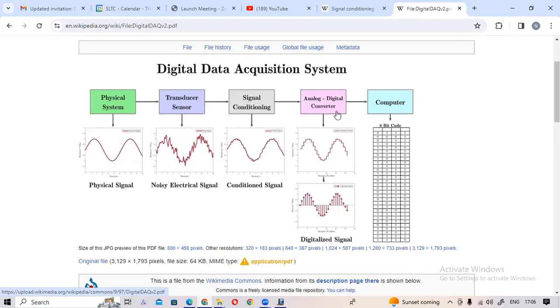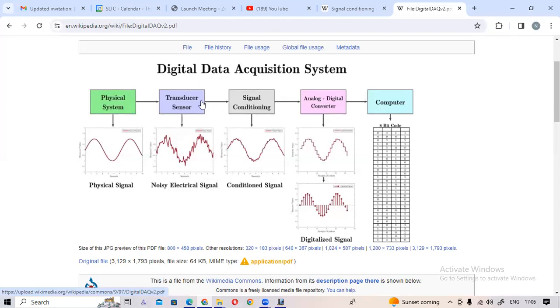Here also we are doing some signal conditioning, because signal conditioning means signal processing actually. We convert the signal into some level. So I think here the proper name is signal shaping. Signal is smoothed. Actually, the analog digital converter is also doing signal conditioning, no?